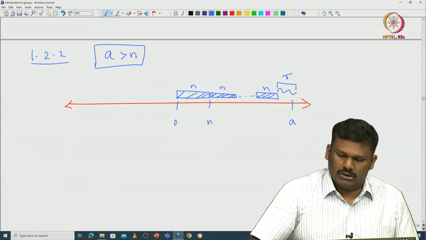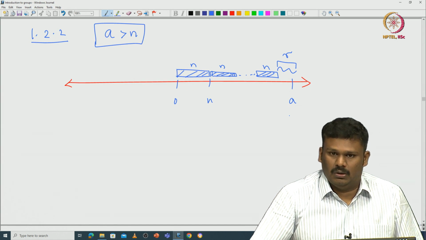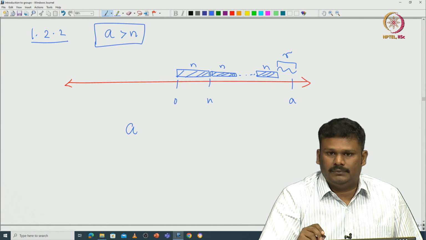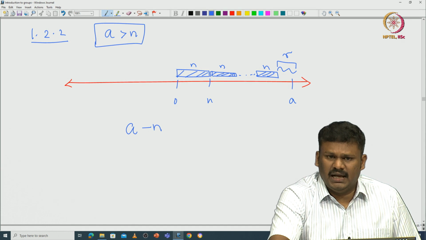Let us try to do algorithmically what we are doing, and then later I will tell you how to write down the clean proof. So you start with A. What do you do first? You subtract n and then see whether it is less than n or greater than or equal to n. Only those two are the possibilities.